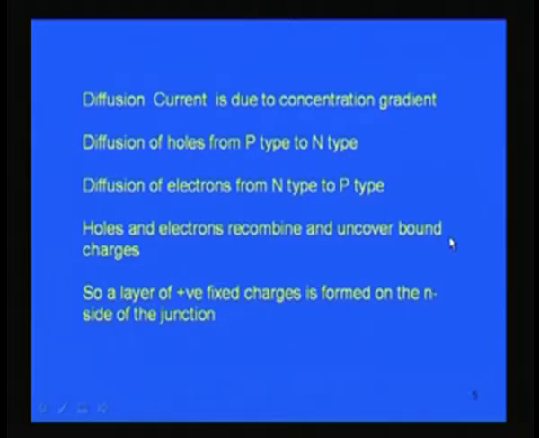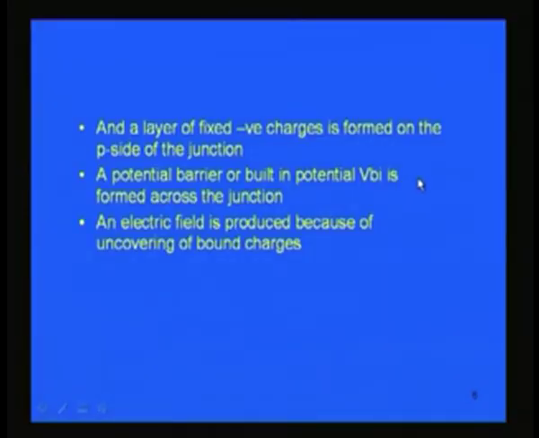So, a layer of positive fixed charges is formed on the n side of the region, giving rise to a potential, and that potential is known as built-in potential, or sometimes you will also find it named barrier potential.